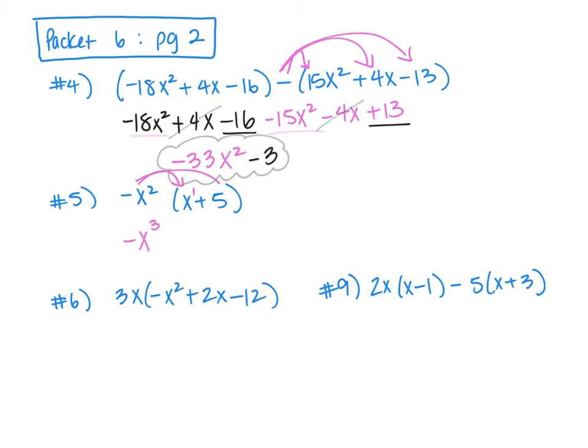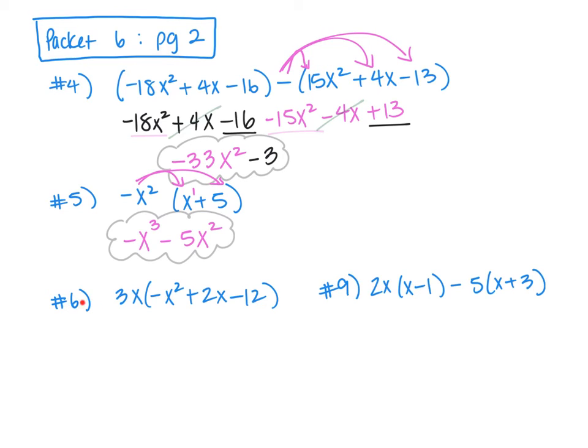And then I'm going to need to multiply this to the 5, so that's going to be negative 5x squared. And then I can't combine these two, so I have to leave it like this. Sorry if it looks really messy here. Yours should be a lot neater because you have more room to write.